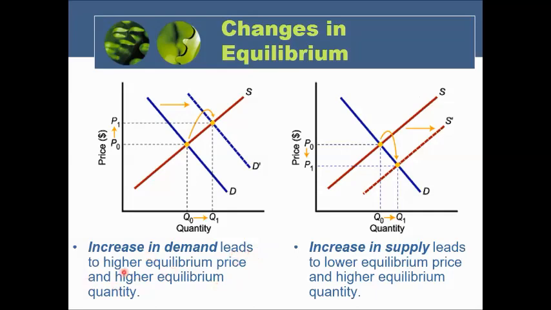And higher equilibrium quantity. Okay, so this is a change. There are changes in the equilibrium. Again, if madami yung demand ng product, it will also increase the equilibrium price and the equilibrium quantity. That's why there is shifting or changes in the equilibrium.